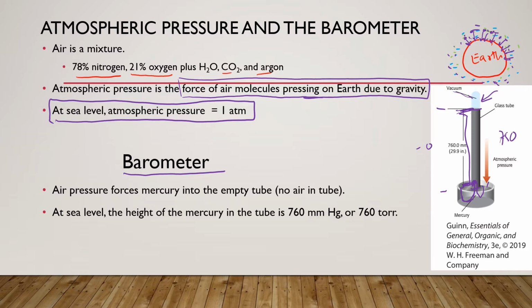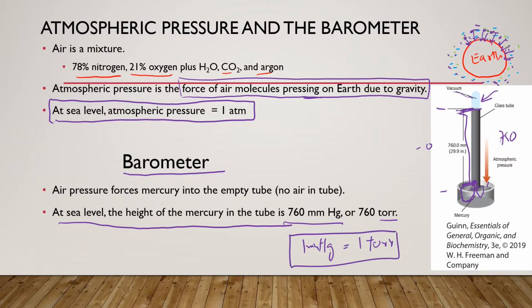At sea level, the height of mercury in the tube is 760 mm of mercury. This is the same as torr. So 1 millimeter of mercury is equal to 1 torr. That's the definition of the torr unit. So therefore 760 mm mercury or 760 torr.